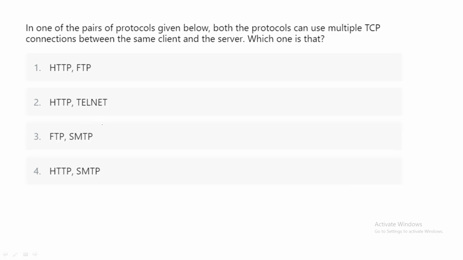So the answer over here is HTTP and FTP. HTTP is hypertext transfer protocol, and FTP is used for file transferring. The full form of FTP is file transfer protocol. So this set, HTTP and FTP, is able to use multiple TCP connections between the same client and the server. So let's move on to the next question now.